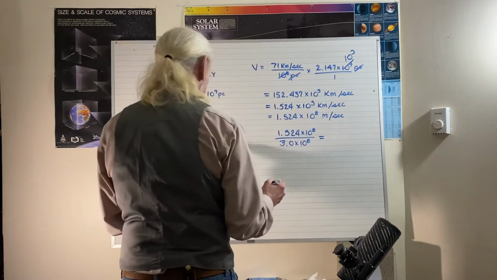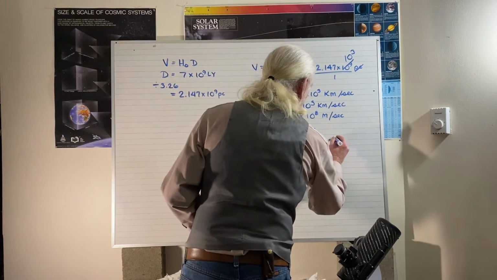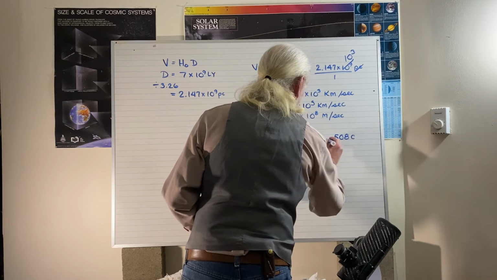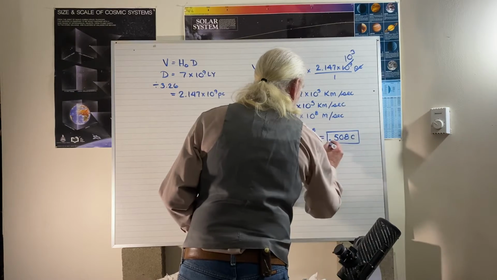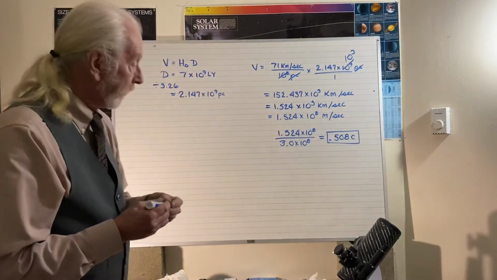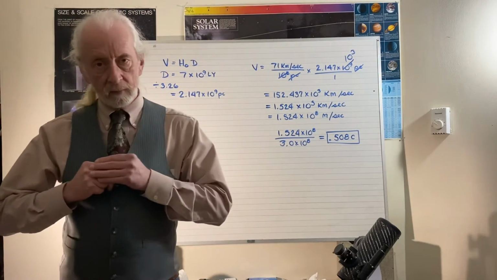And we get 0.508 c. So that galaxy is moving away from us at a little over half the speed of light.